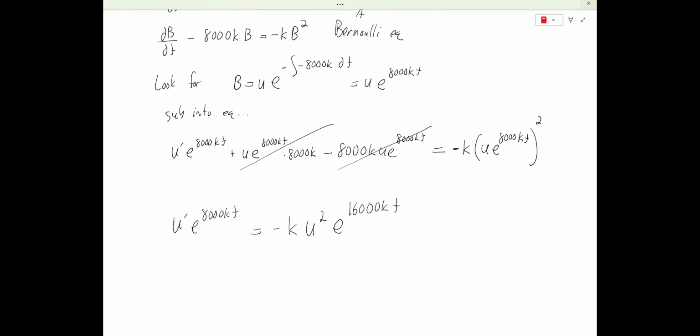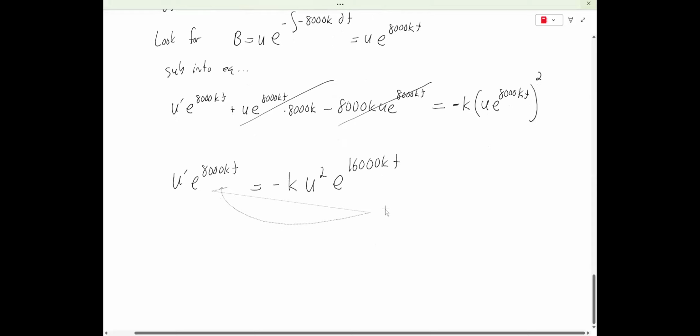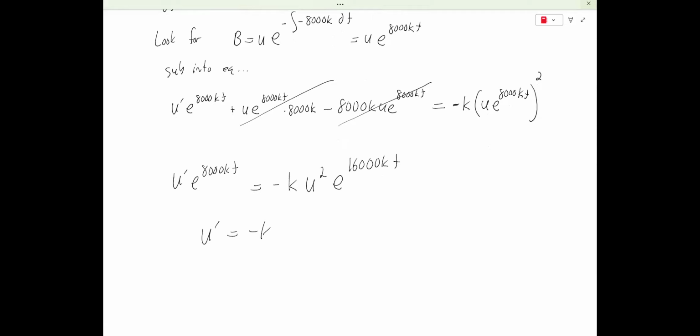Okay, and now this is separable. Actually, I can move the e to the 8,000 kt to the other side. So that becomes u prime equals negative k u squared e to the, now when you move that over, you multiply by e to the negative 8,000 kt. You subtract exponents, so you get 8,000 kt over there.